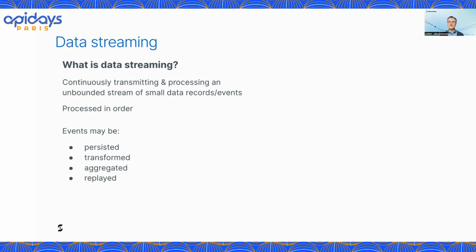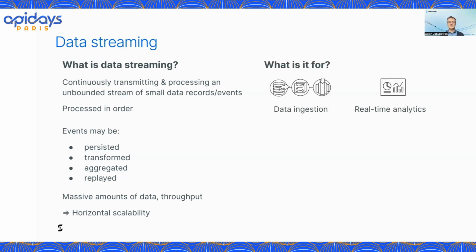You may also need to read millions of records very quickly and perform big catch-up reads. So you need throughput. Streaming platforms can handle massive amounts of data, so these platforms scale out horizontally. The typical use cases include data ingestion.